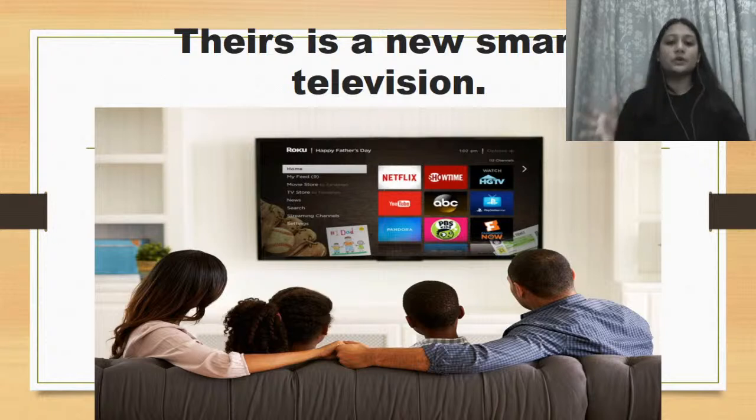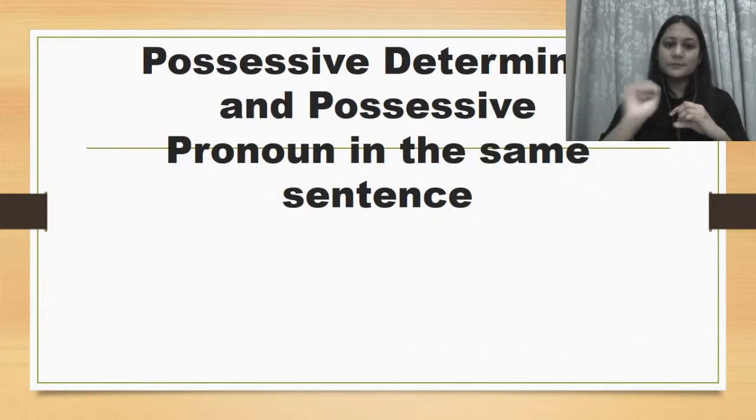When we talk about pronouns, there is supposed to be no noun attached to it. But when we talk about determiners, there is definitely going to be a noun. In this example, theirs is a new smart television, we don't have any noun. That is why we are going to put this under the category of pronoun. Now, possessive determiner and possessive pronoun in the same sentence.